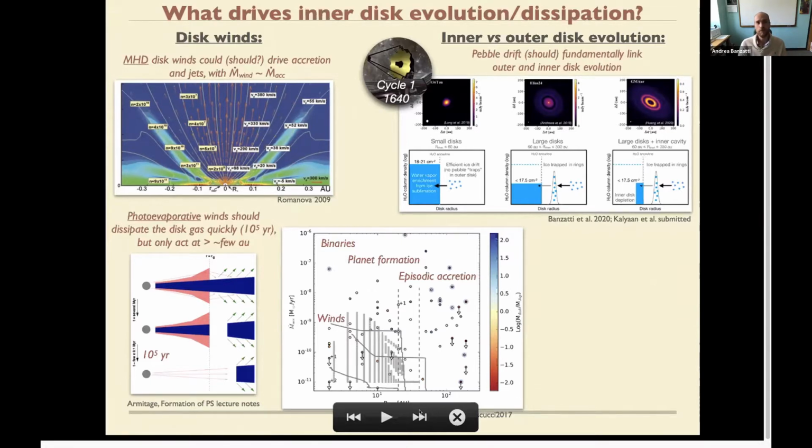I want to highlight we have an approved cycle 1 JWST program dedicated to this aspect, to study how water emission inside of the snowline is connected to pebble drift from the outer disk. Next and final.